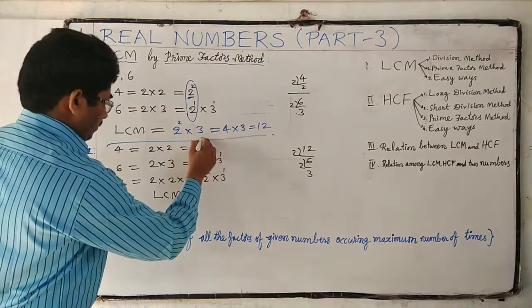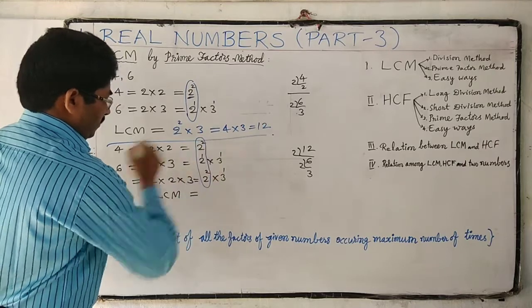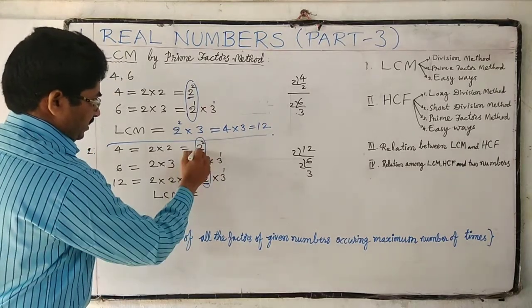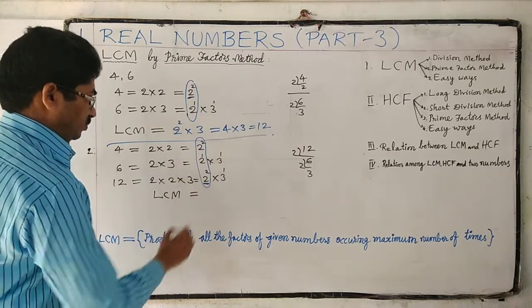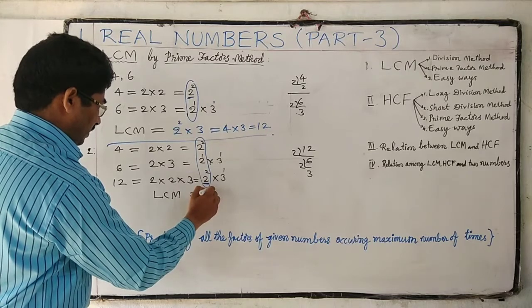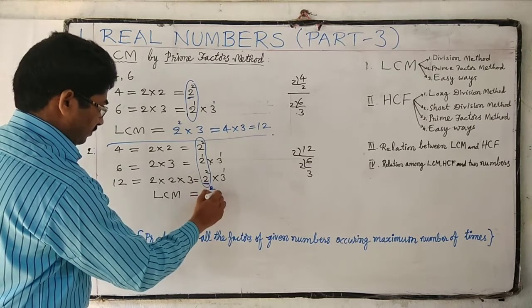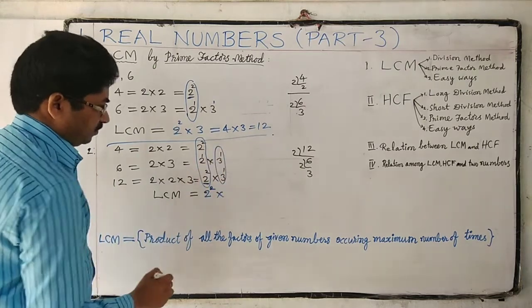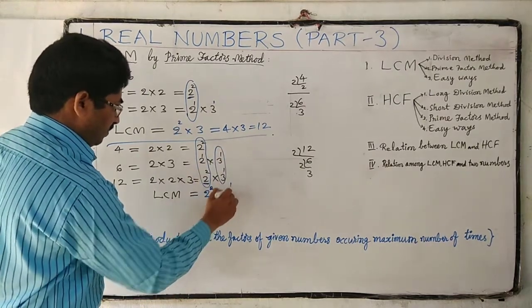In this, among the factors, this is maximum number of times. So we have to take the maximum, 2 square. In this also, 3 to the power 1.